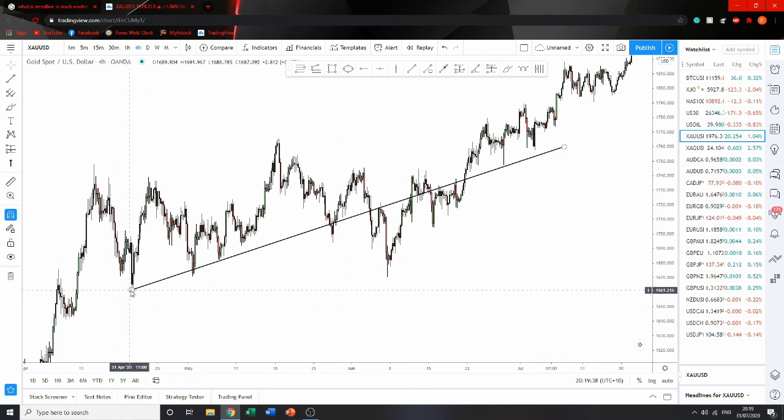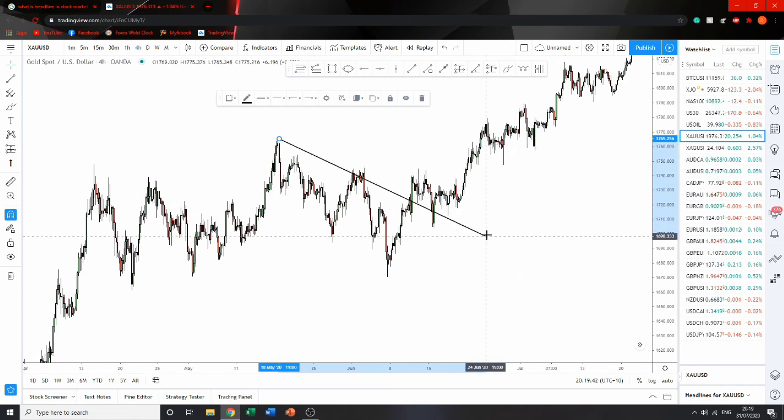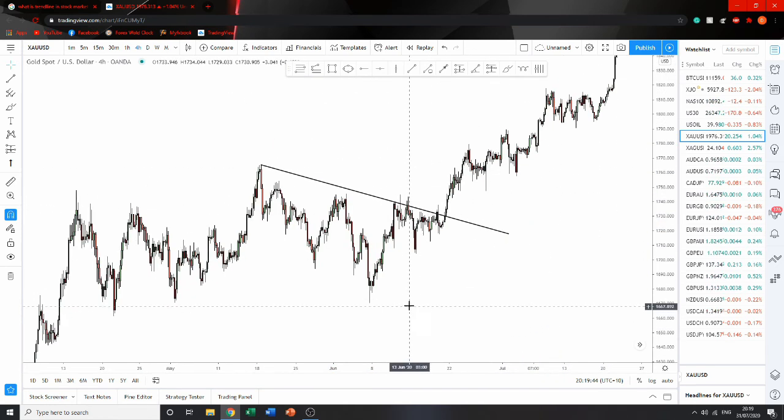And on the bearish side, for example, we're forming these lower highs, lower highs, lower highs. So that's what we're looking for, the higher lows and the lower highs. And there you have it. That's what we're looking for when we're looking at trends.